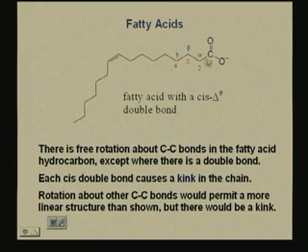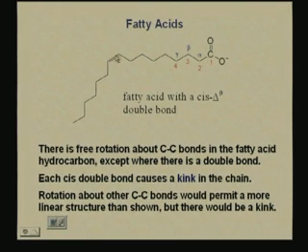You see how the carbon chain has now changed direction, right? If this double bond did not exist, it would have been a nice straight chain, and there could have been rotations about the single bonds. But when we have it in the cis configuration, there is a break in the chain because of the cis configuration.